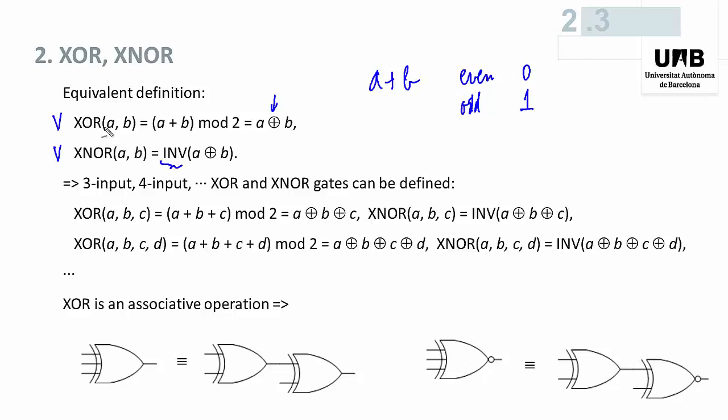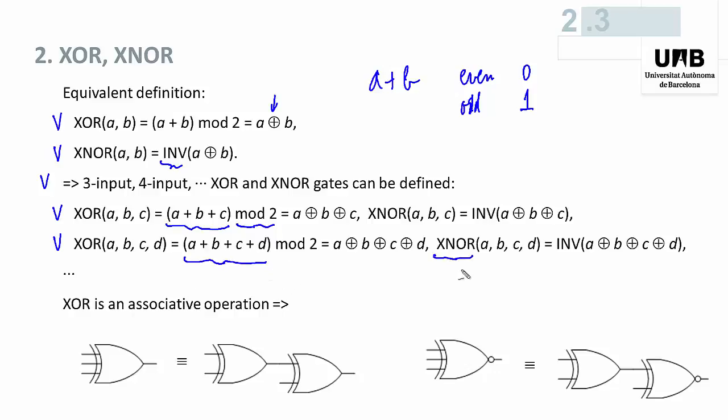Then, with this new definition, it's very easy to define 3-input, 4-input, and so on, XOR and XNOR gates. For example, the XOR function of A, B, and C is the real value of A plus B plus C, modulo 2. The XNOR function of A, B, and C is the inverse of the XOR function of A, B, and C. Similarly, the XOR of A, B, C, and D is obtained by computing A plus B plus C plus D modulo 2.